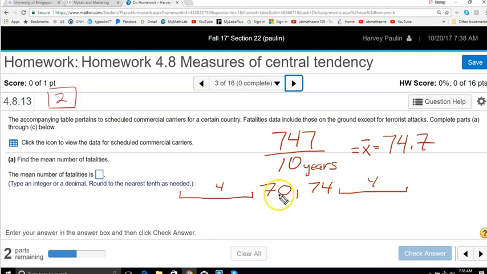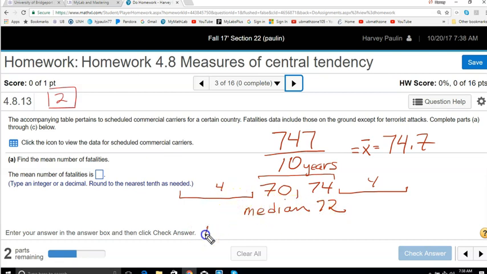So we take our 2 middle terms, number 5 and 6, add them together, divide by 2. This is going to be 144. Divide by 2 gives us a median. When it's even like this, 72.